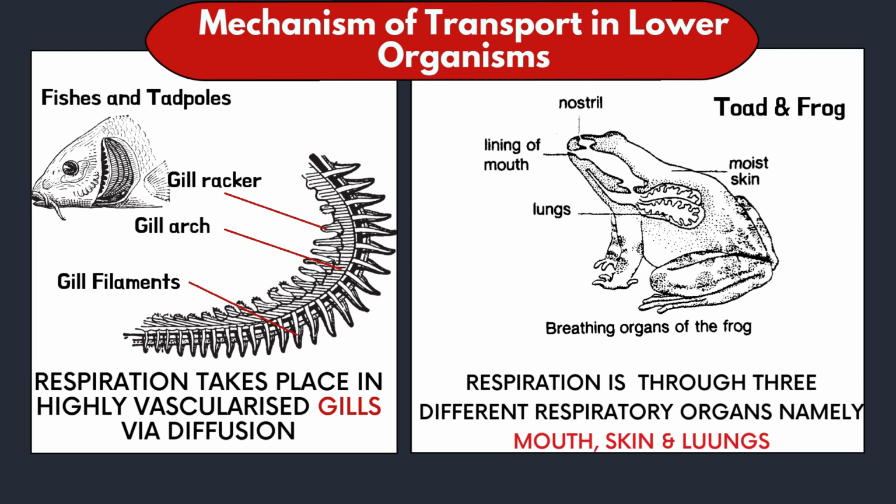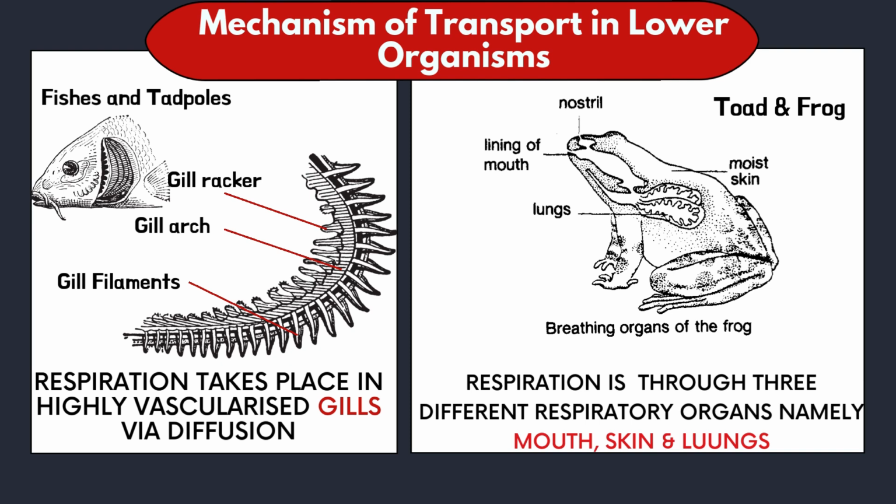For the toad to take in air, the mouth is closed, the nostrils are opened, and the floor of the buccal cavity is lowered. This action creates a low air pressure within the buccal cavity, and this makes air be drawn in from outside through the nostrils.